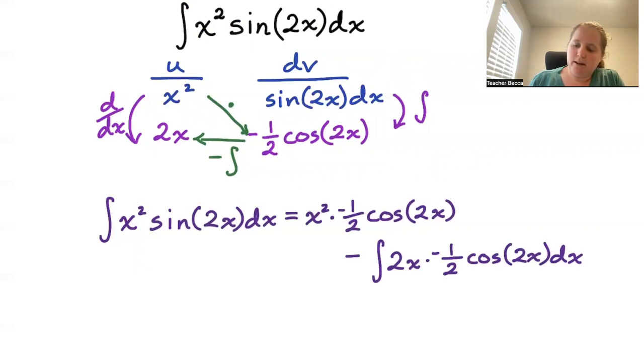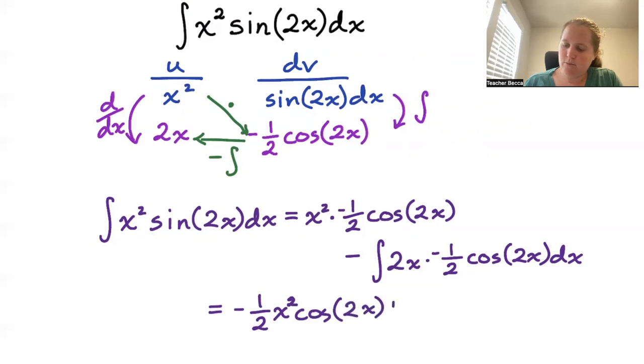So we are looking at negative 1/2 x squared cosine of 2x plus the integral of x cosine of 2x dx.